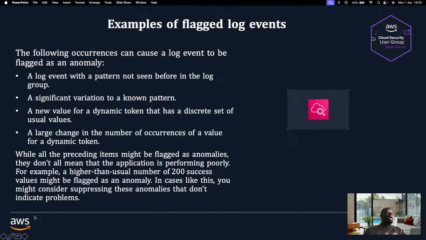Now, what are examples of flagged log events? The various usual events that are flagged, and some of them are: one, a log event with a pattern not seen before in the log group.